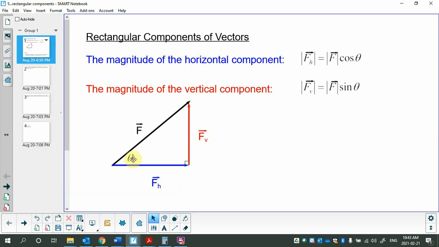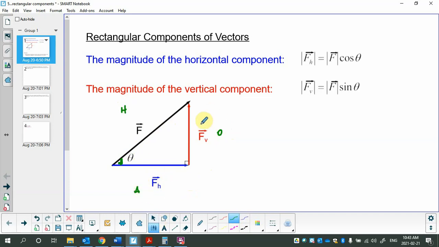So here's my theta. Here's my angle that this vector F is making with the horizontal. And if you go back to the olden days of trig, if this is your angle, then this is opposite, this is hypotenuse, this is adjacent.